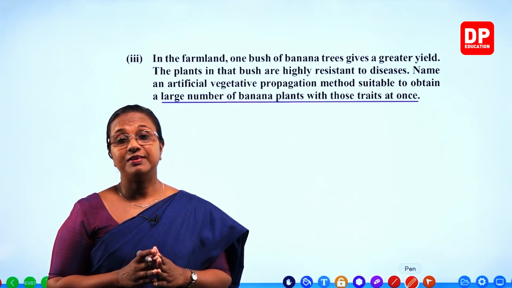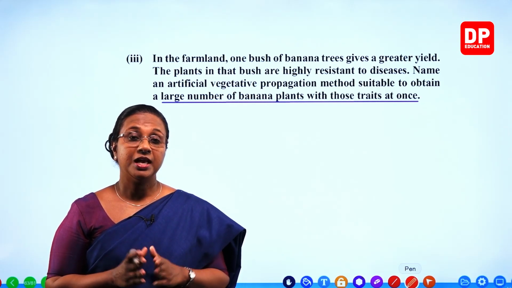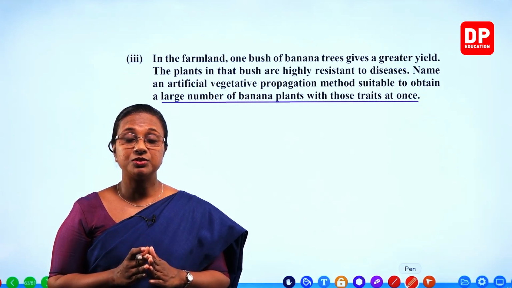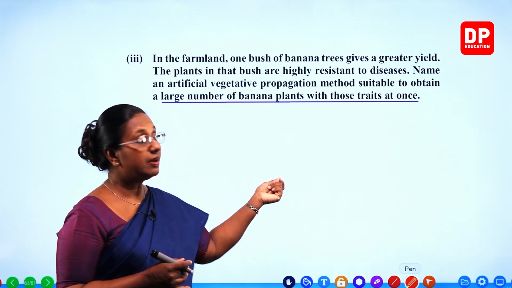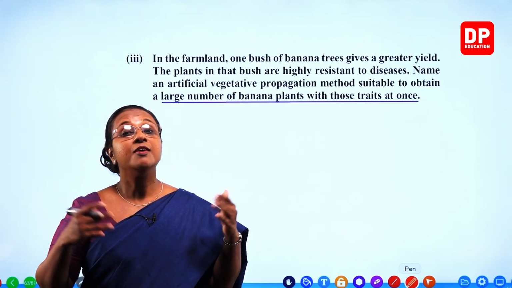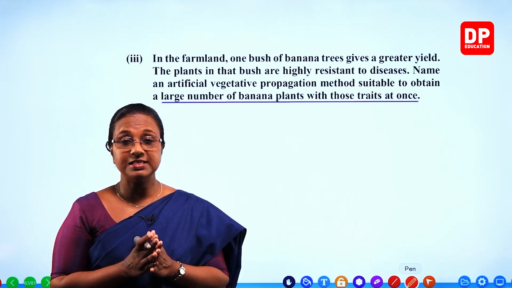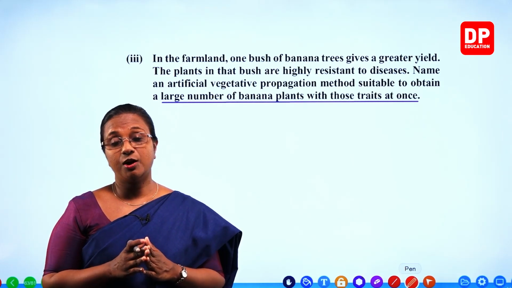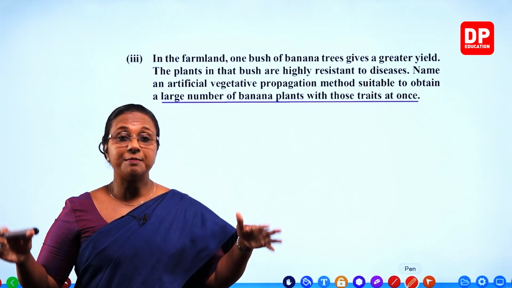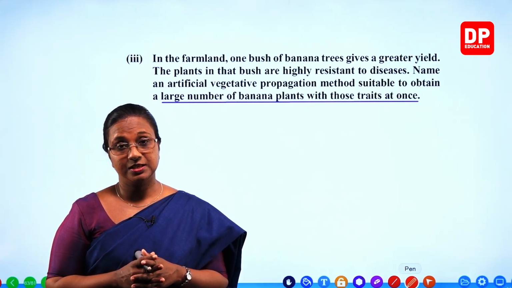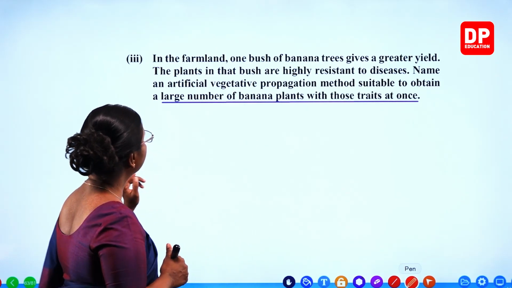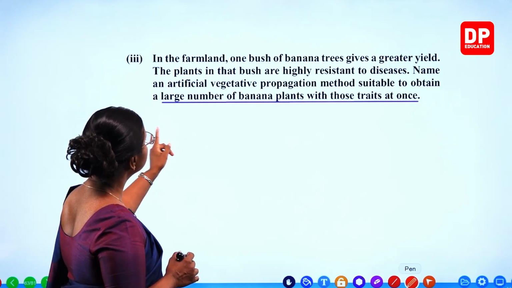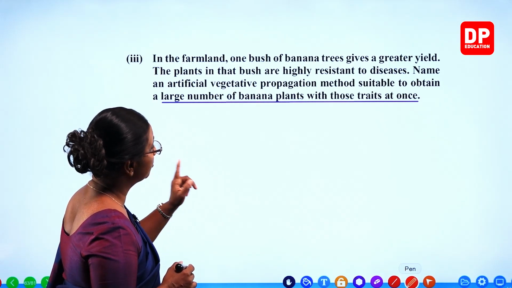Then you are familiar with tissue culture. In tissue culture, you can remember, students, a tiny piece of tissue, say a piece of leaf, can be used to produce a very large number of plants in a very short period of time and in a small space. So that is tissue culture. So here the question is, obtain a large number of banana plants with those traits.